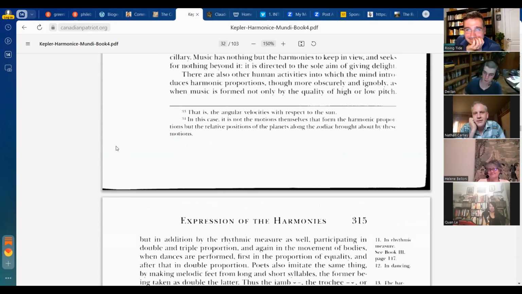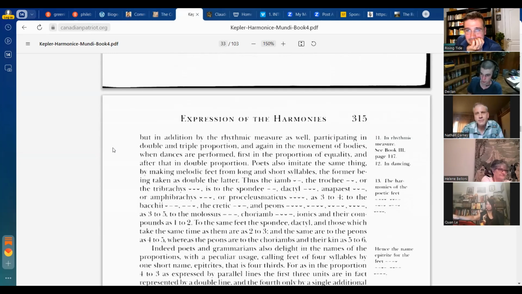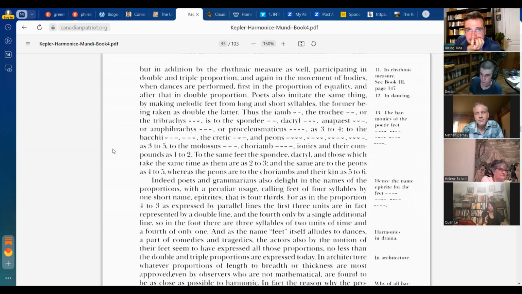Okay. There are also other human activities into which the mind introduces harmonic proportions, though more obscurely and ignobly, as when music is formed not only by the quality of high or low pitch, but in addition by the rhythmic measure as well, participating in double and triple proportion, and again in the movement of bodies when dances are performed, first in the proportion of equality, and after that in double proportion.